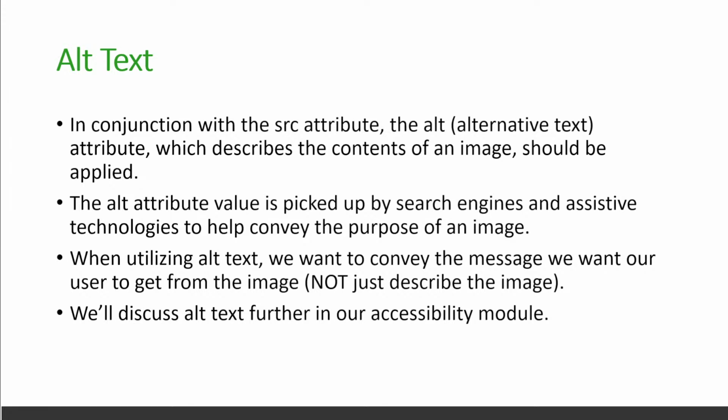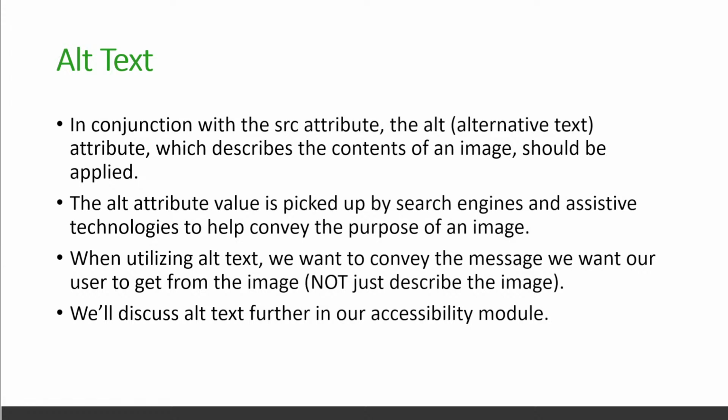It's what we want our users to get from the image, not just a description of the image itself. In some instances it could just be a description of the image, because we may just want somebody to see what something looks like. In other instances, it could be something very different that we want somebody to get out of an image.